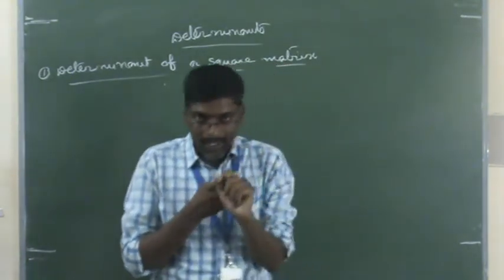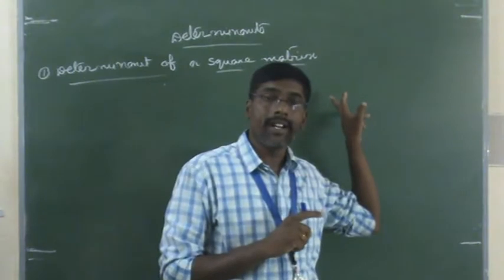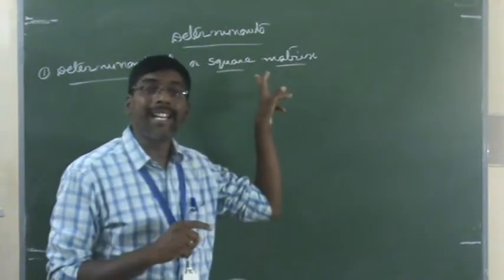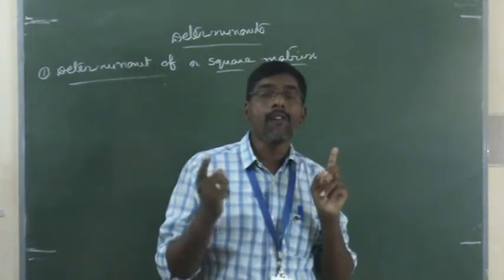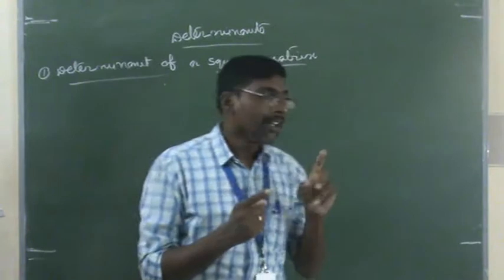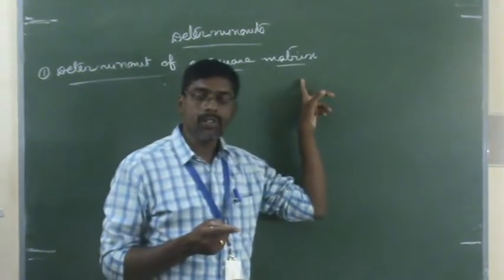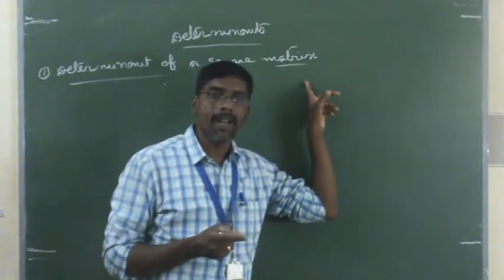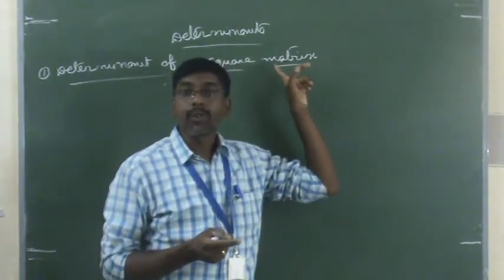Already we know the definition of a square matrix. What is the definition of a square matrix? A matrix in which the number of rows is equal to the number of columns. Such a type of matrix is called a square matrix.